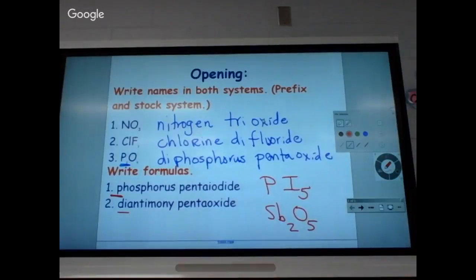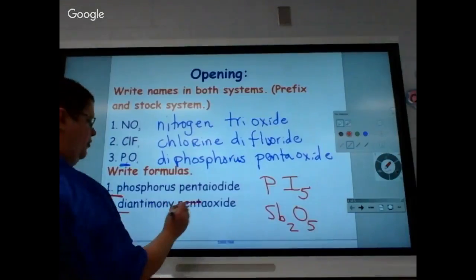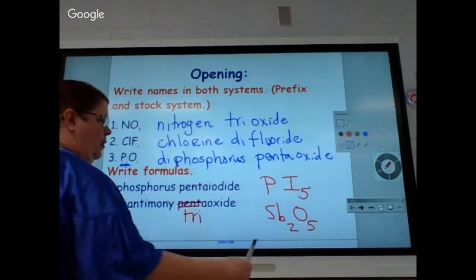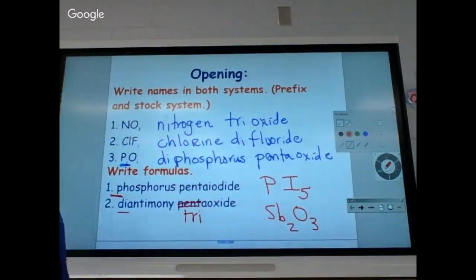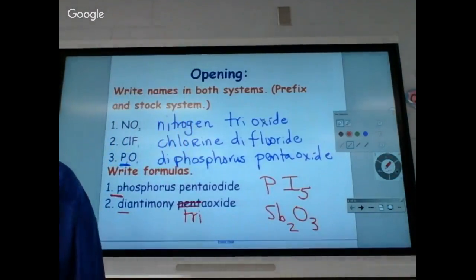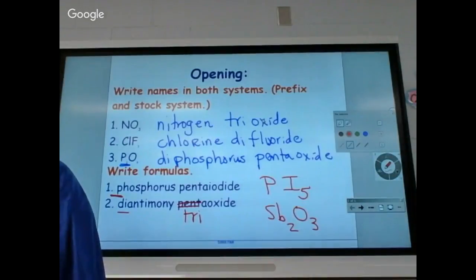Will the second element always have a 5? No, I just happened to pick 2 that had penta on it. I mean, if I had this and it said tri, then we would have had 3. Okay. What else? Yeah. You sure?